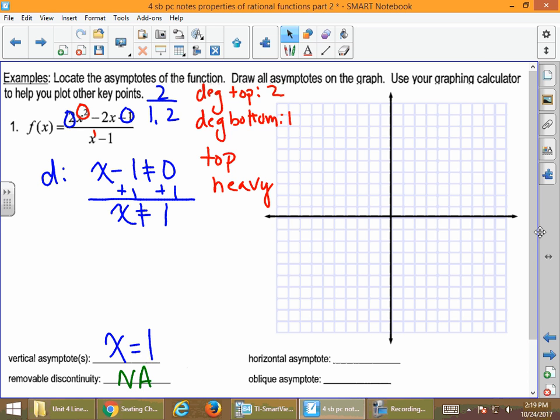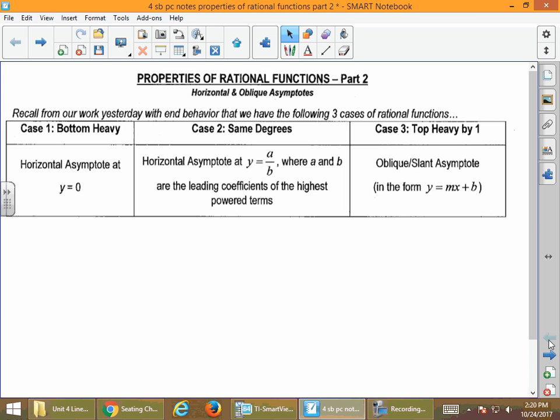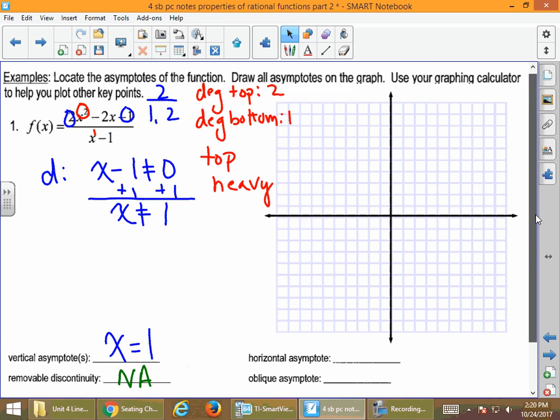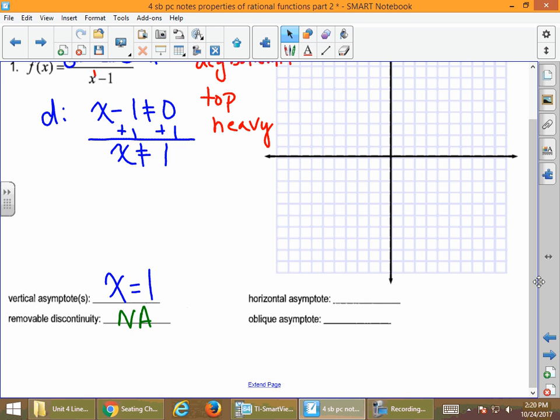And as we go back and look at the chart here, what it says for top heavy is that we're going to have an oblique or a slant asymptote in the format of y equals mx plus b. And because we have an oblique, we're not going to have a horizontal.